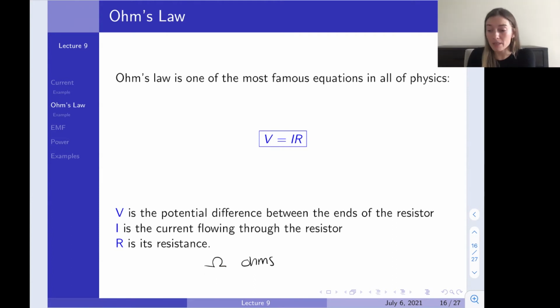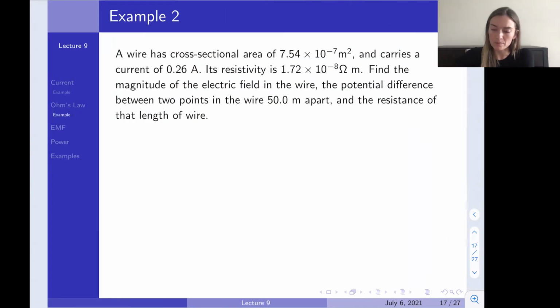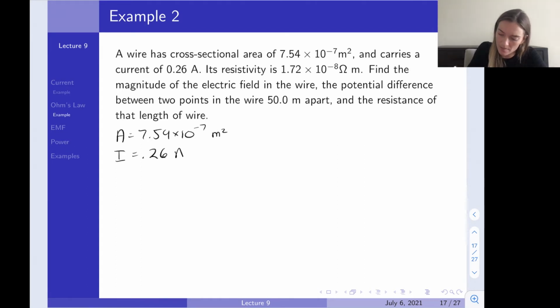Okay, so we're going to be using this equation a lot through the next couple chapters. So let's do a simple example. We have a wire with cross-sectional area of 7.54 times 10 to the negative 7 meters squared. It carries a current of 0.26 amps.